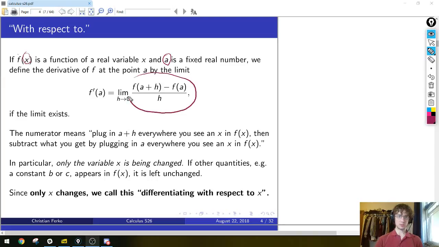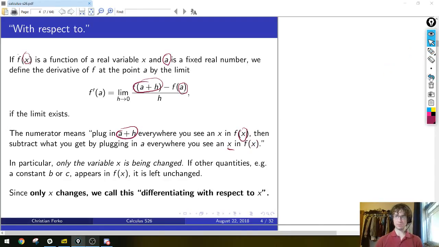Because to evaluate this limit, this difference quotient, what you would do operationally is look at that formula for f of x. Everywhere you see the dummy variable x, you would plug in a plus h in this first term, and then you would subtract what you would get by plugging in simply a for x again in the second term. So it's very important that we are substituting in for this dummy variable x, right?